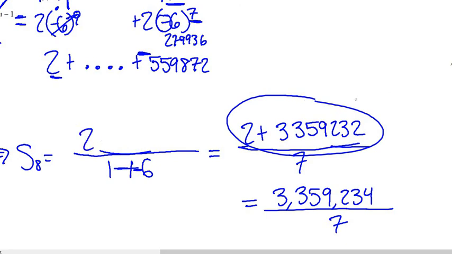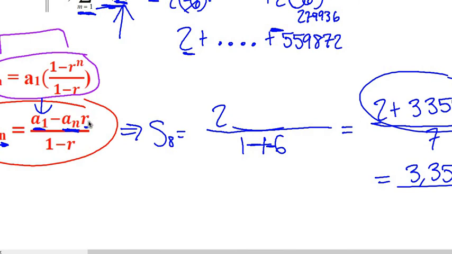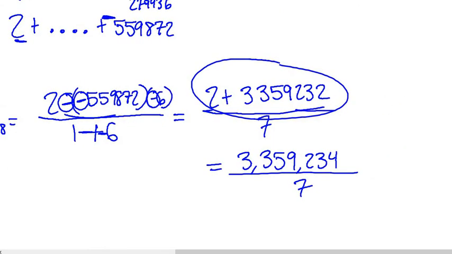So now we have 2, and then going back to this formula right here, it's 2 minus a sub n, so minus a negative 559,000, and then we still have times the negative 6. A negative times a negative times a negative will give us a negative right here instead. So this should actually be negative right here, and then 2 minus that is going to be negative.